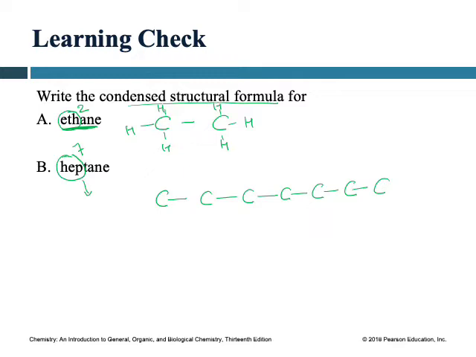Right? So how many bonds do you need? 1, 2, 3. Hydrogen, hydrogen, hydrogen. How many hydrogen bonds do you need on this carbon? Second one, just 2. Why? Because 2 bonds are already there, so 4 bonds in total.